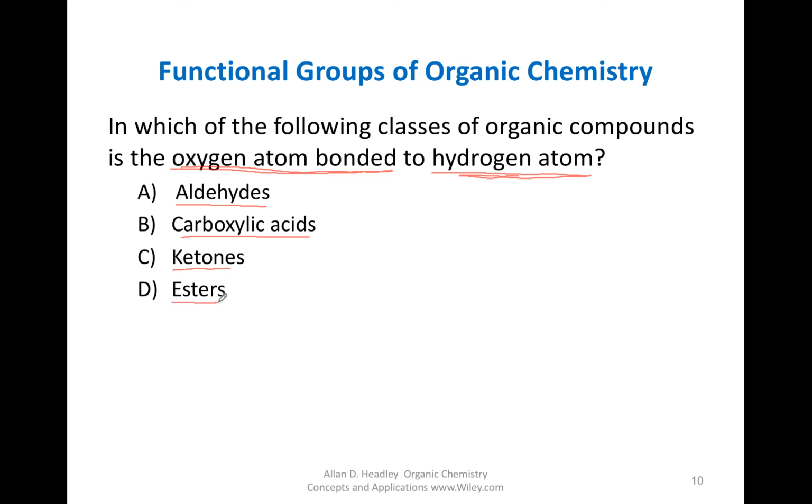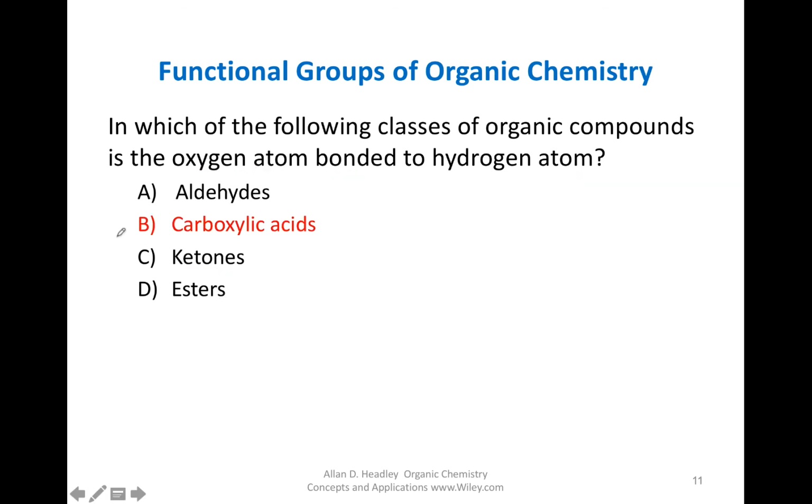Could it be an ester? Remember, the ester looks very similar to the carboxylic acid, but the hydrogen of the carboxylic acid is replaced by an alkyl group. So you may want to pause your video here and think it through carefully and see which is the best selection. The next slide has the answer.